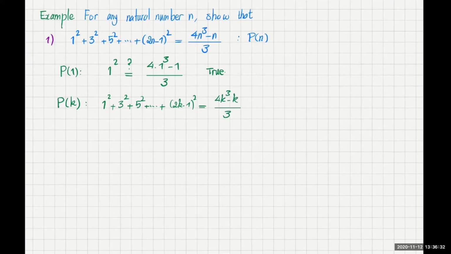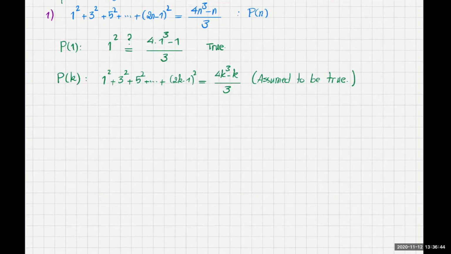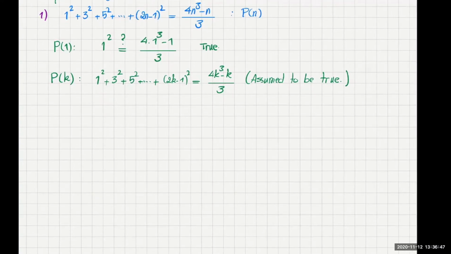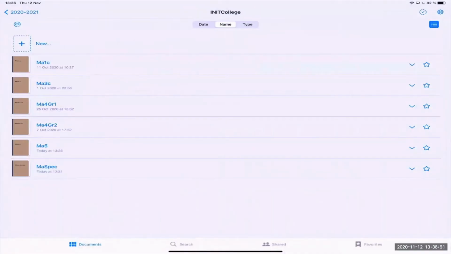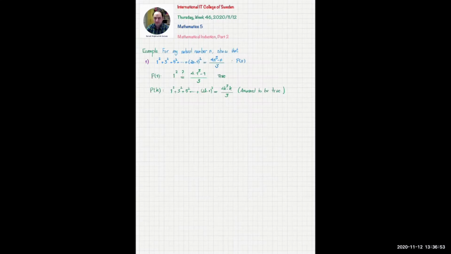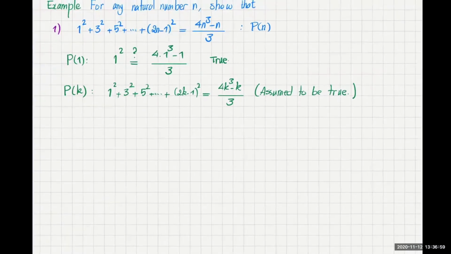So this is assumed to be true. And now we want to show that, based on the truth of this that we take for granted, Pk plus 1 is also true.